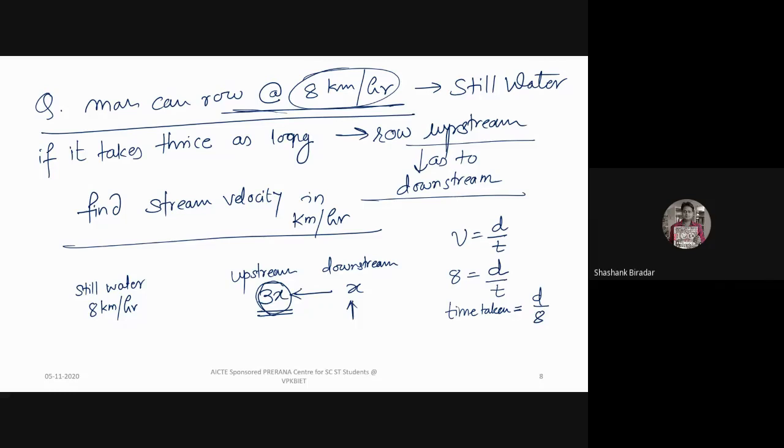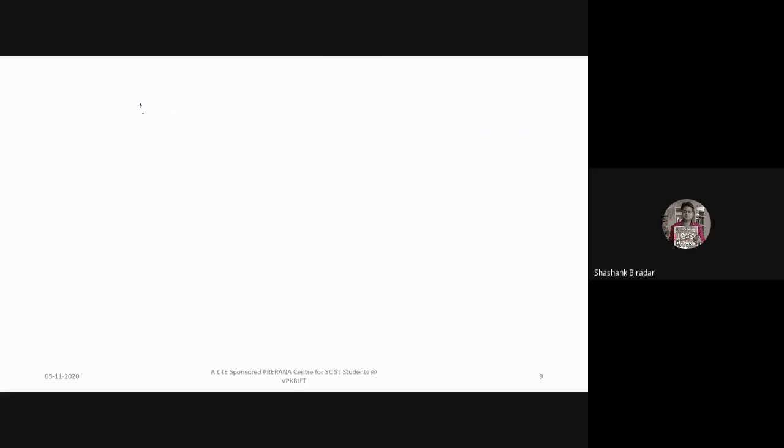The speed of stream is equal to s. Upstream, we will consider this as S dash.